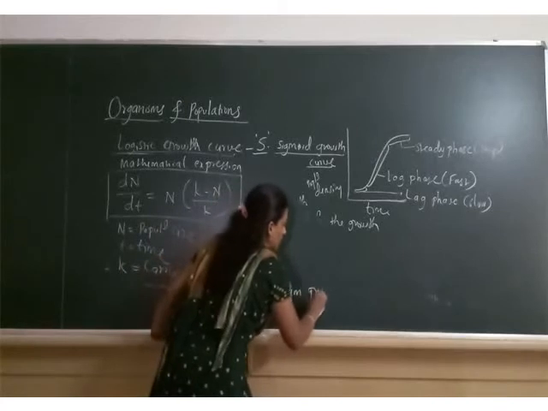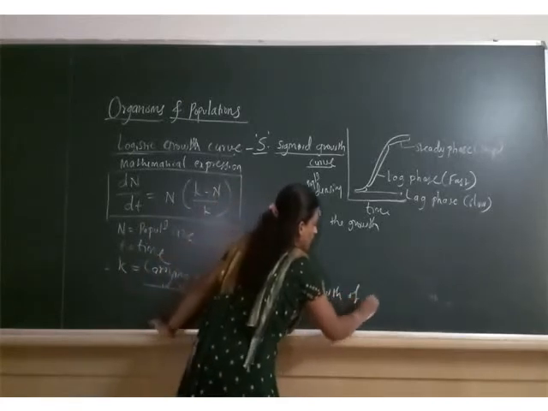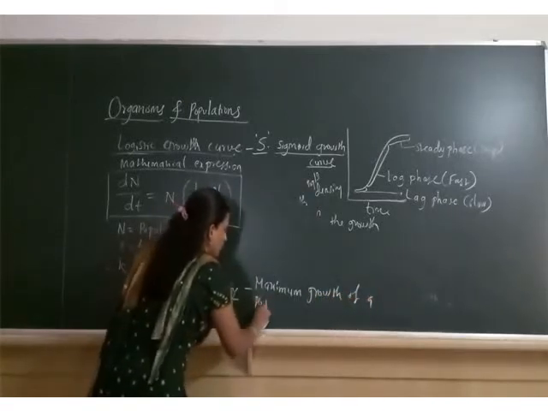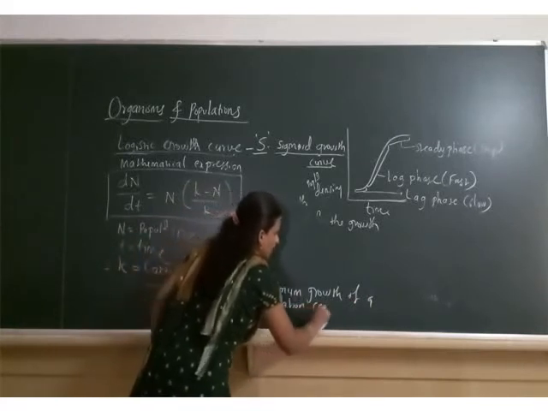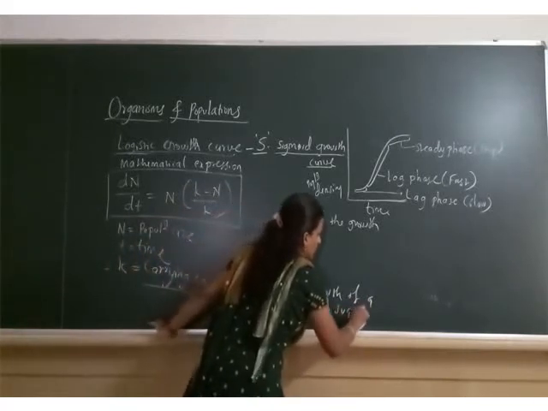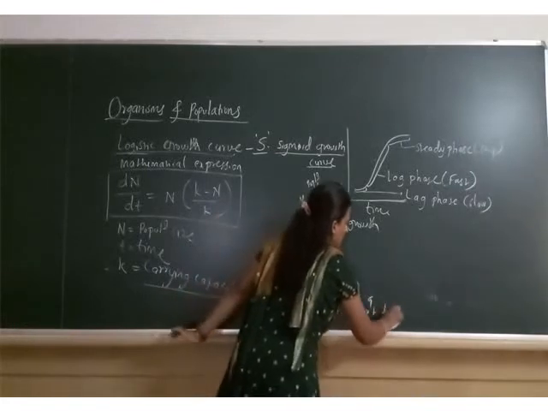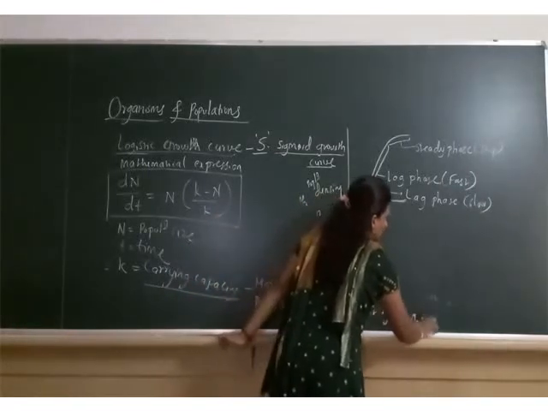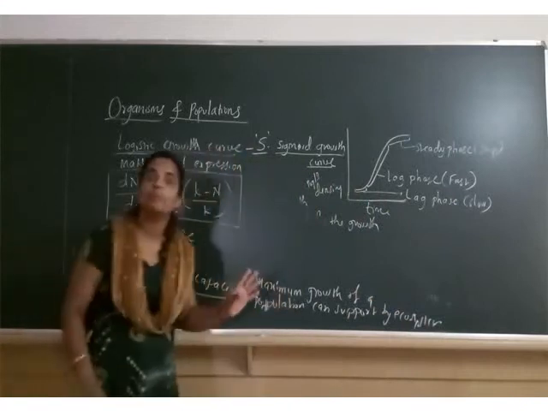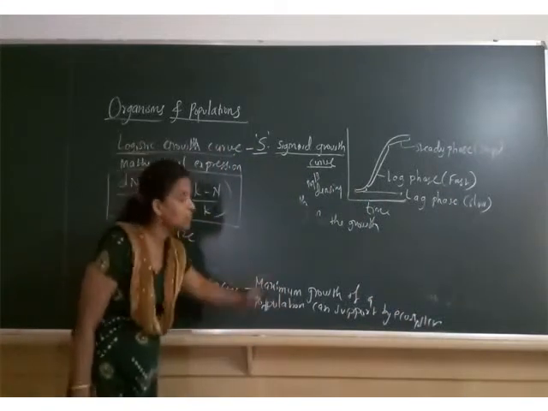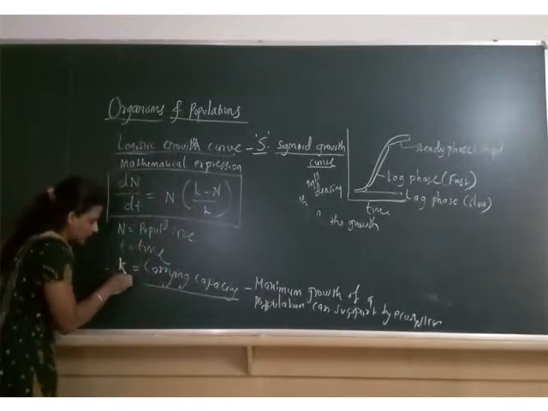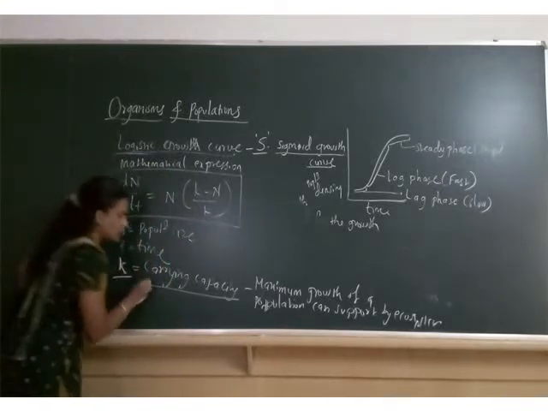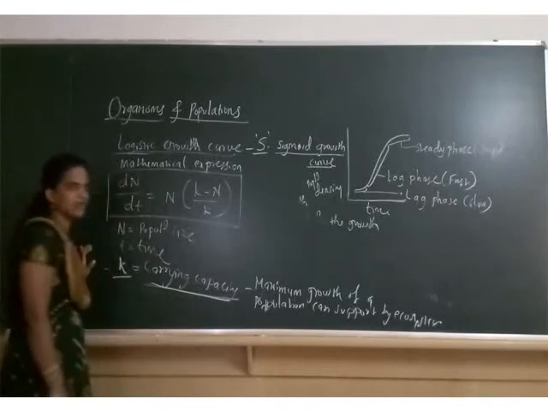Maximum growth of a population can be supported by the ecosystem. Means the ecosystem is going to support the maximum growth of a population, and that is represented by K. That is called carrying capacity.